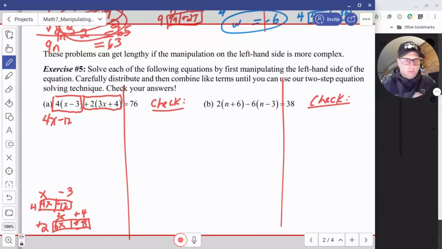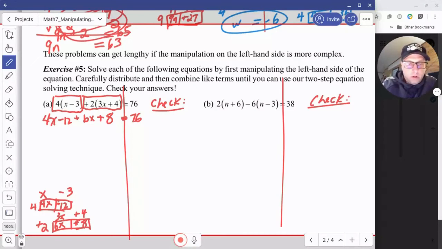I apologize, that's kind of small and messy. So the second distribute block became plus 6x plus 8, equaling 76.